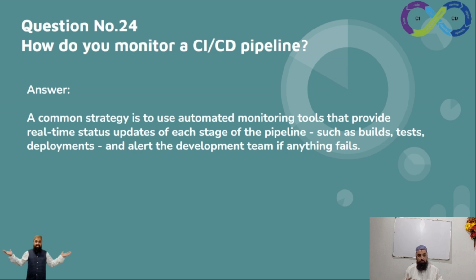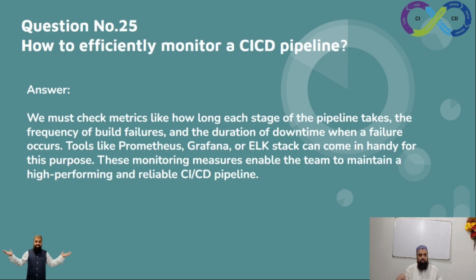So that's how we can monitor a CI/CD pipeline using monitoring tools like Prometheus, Grafana, and ELK, and they will alert development and DevOps teams, for instance, if anything fails or for any issues.